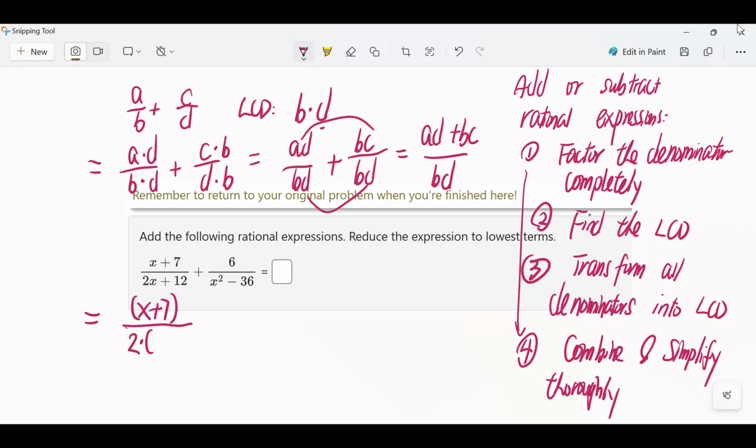So we factor first, keeping the factors of both denominators. Factor by GCF first. The second fraction you factor by difference of two squares, x plus 6. Now, what's going to be the LCD here? Any suggestion?